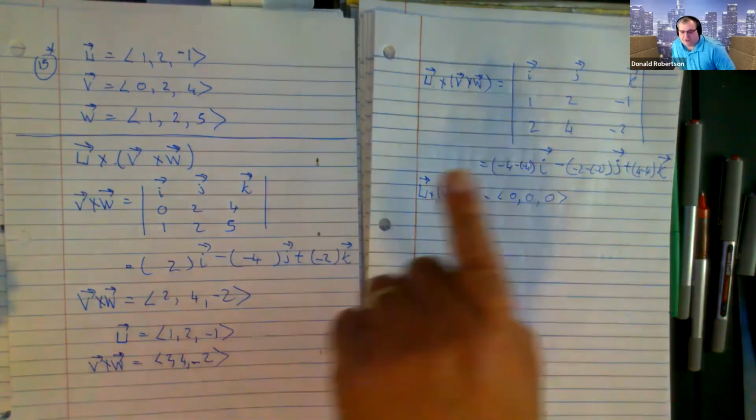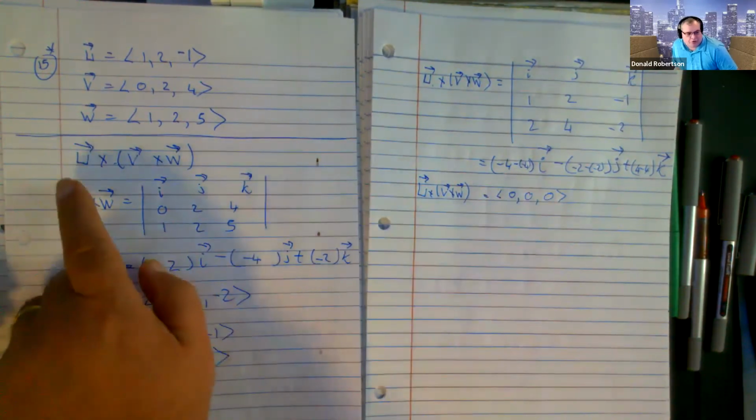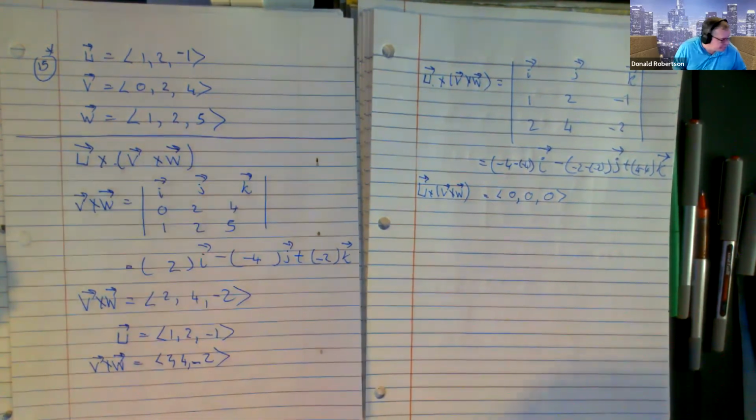But the process is correct, right? That's how you find u cross v cross w. Now, here is something I want to make sure I'm telling you the truth about that type of calculation. I'm trying to get the answer here to double check it.